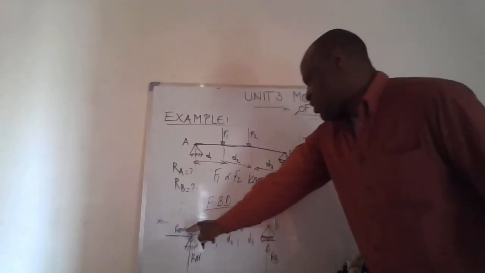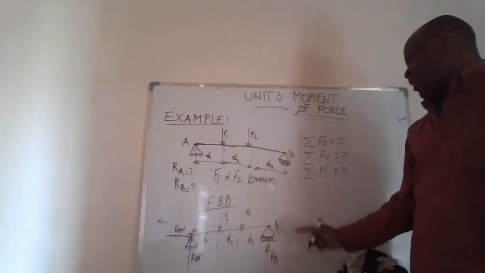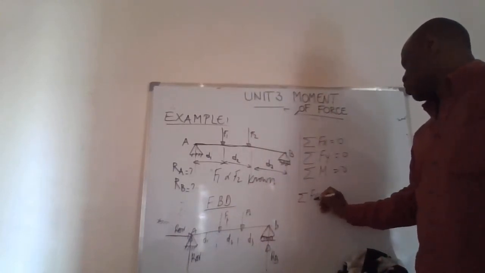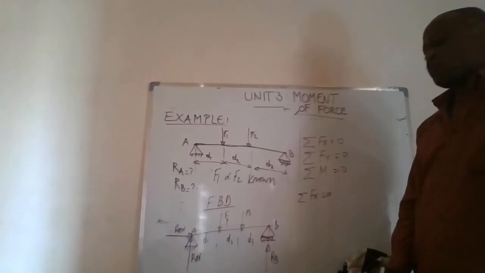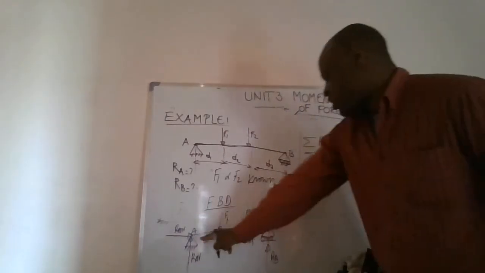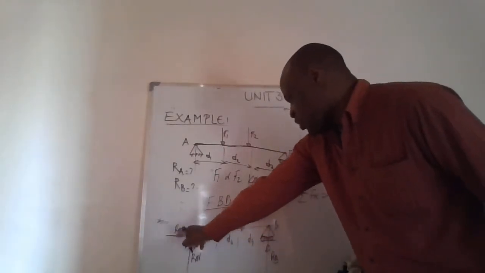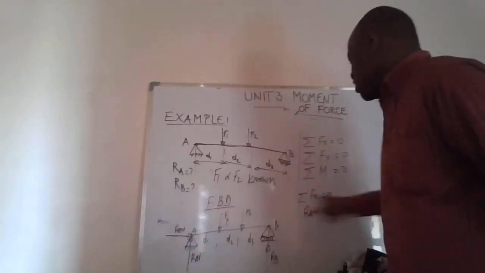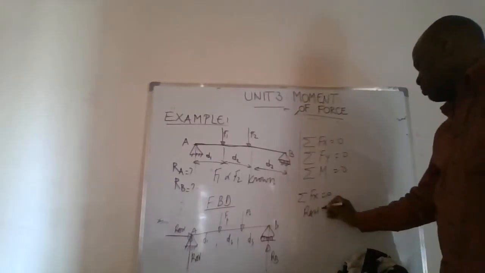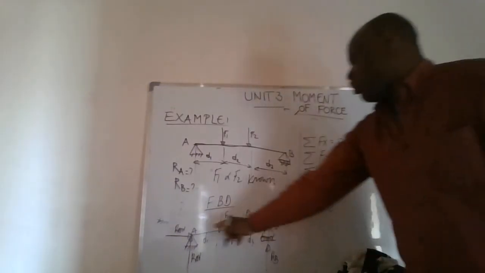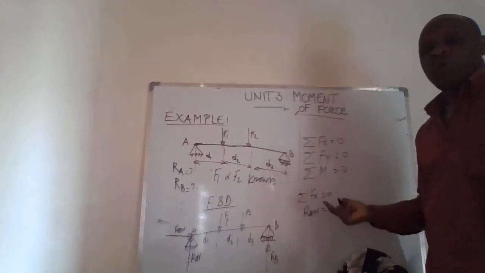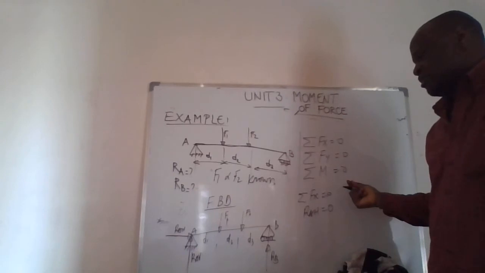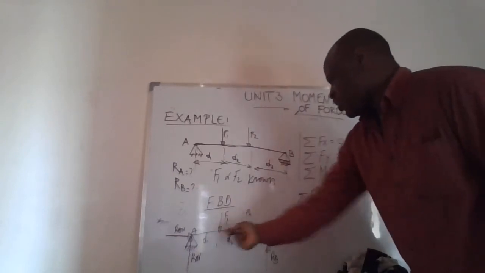But for this horizontal component to exist and to have this beam in equilibrium, the sum of horizontal forces should be equal to 0. How many horizontal forces do I have? According to the theory, this normally should be a horizontal force, but because it's on its own, RAH pointing toward positive values of x will be equal to 0, because that's the only force that I'm supposed to have horizontally so far, because there's no other horizontal force.